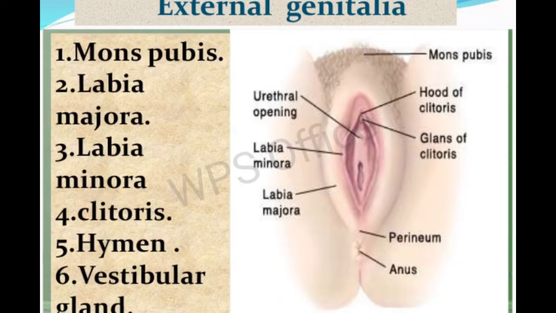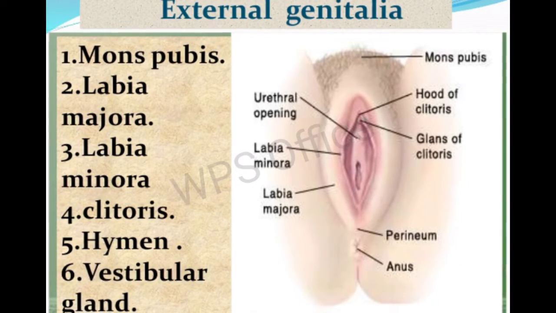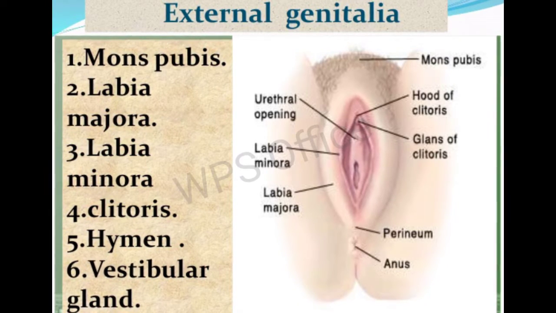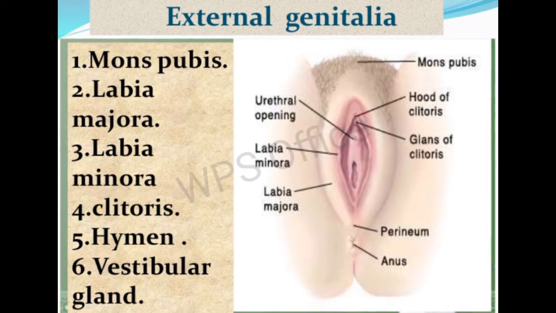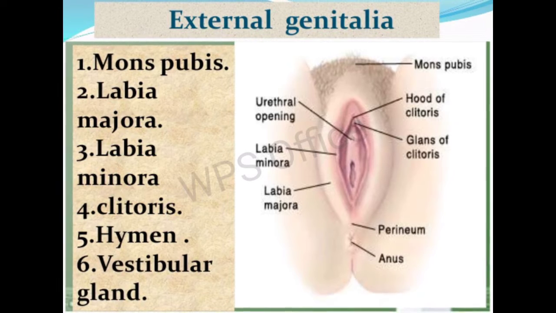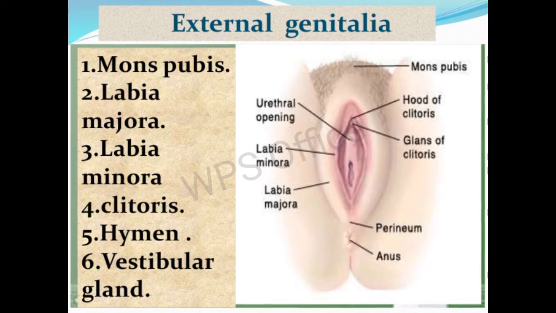You can see in the structure that the upper part is known as the mons pubis. Then next is the labia majora, the outermost skin covering. Inner to that is the labia minora. Then lie the clitoris, hymen, and the vestibular glands.